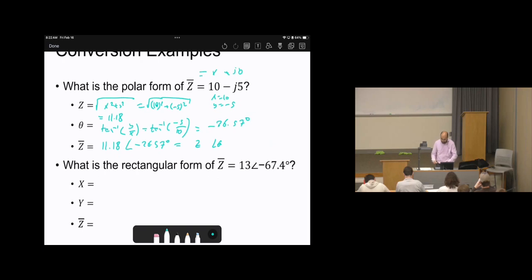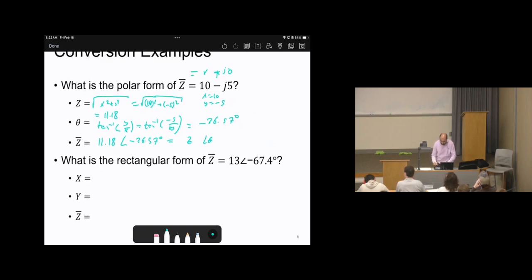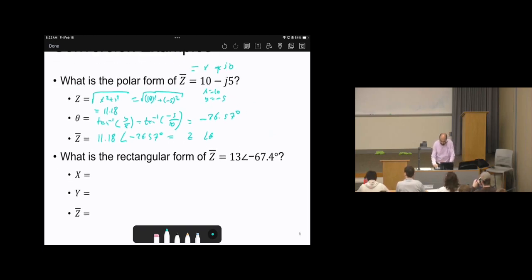Okay. Then the other thing is we need to convert polar to rectangular form. So here the polar form looks like z angle theta. We need to convert this to be x plus jy. So we have z as 13. We have theta as negative 67.4 degrees. How to find x?